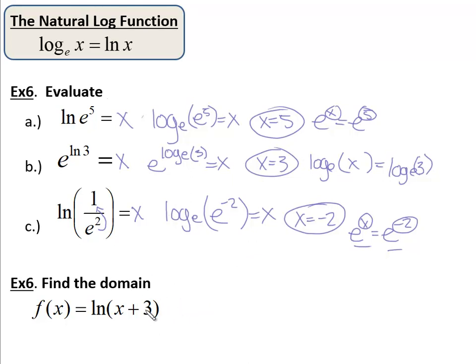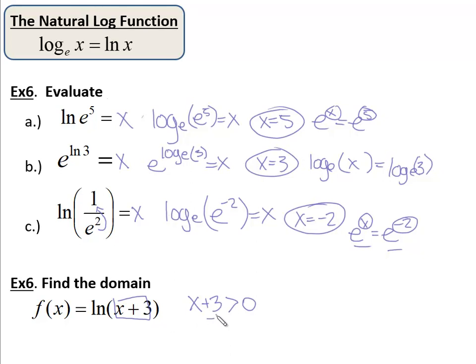Find the domain. So remember that all logarithms, including the natural log, are only defined for positive values inside. So there's a restriction on this expression. Anything inside of here, like x plus 3 this time, has to stay greater than 0. It cannot equal 0. It has to be positive.